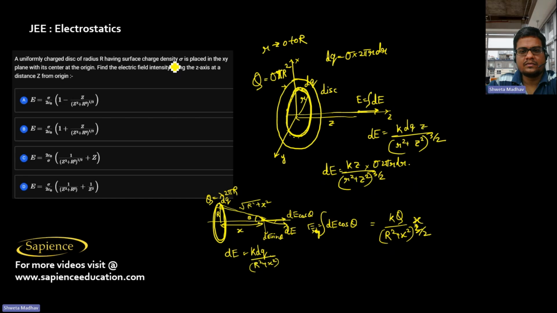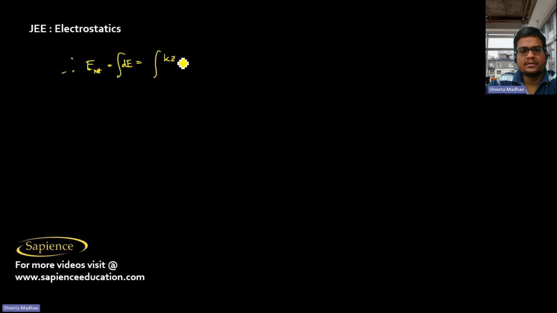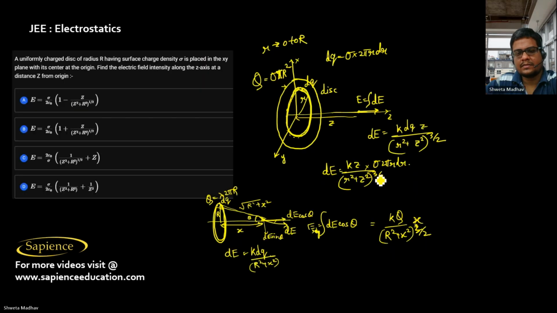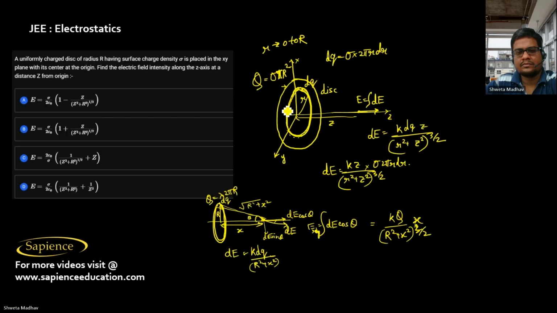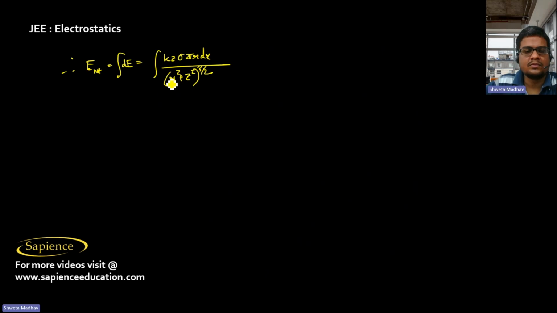That is the integral of kz sigma into 2 pi r dr by r square plus z square power 3 by 2. So now r will obviously go from 0 to r.